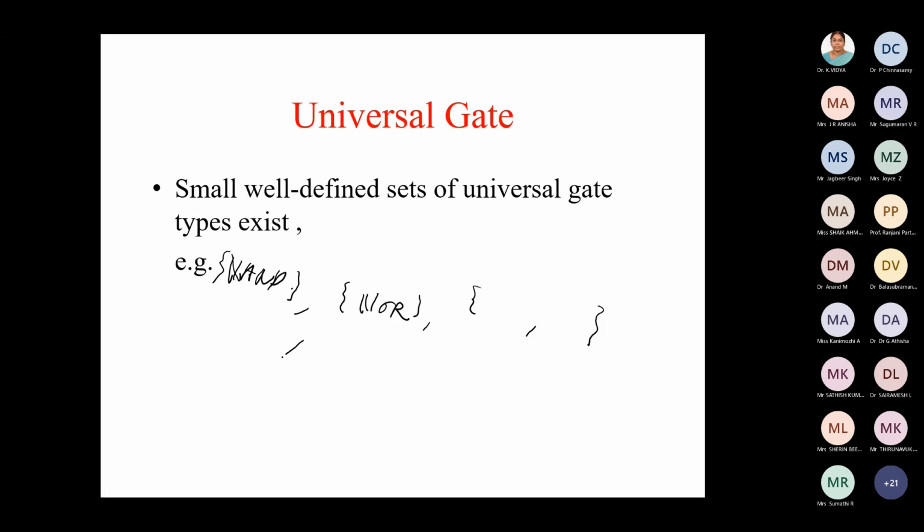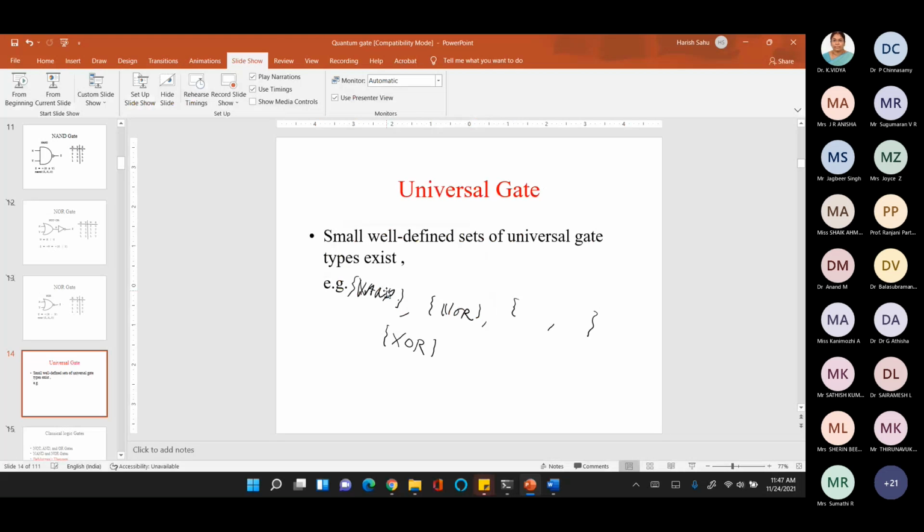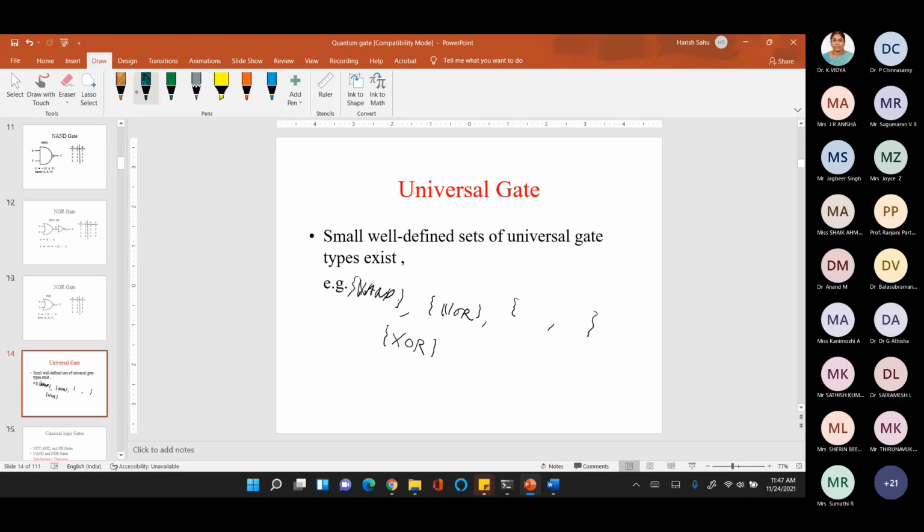I believe no. Using a single XOR, you cannot construct others. Anyone? Can XOR be used as a universal gate? No, sir. It's NAND and NOR which can be used as universal gates, to my knowledge.